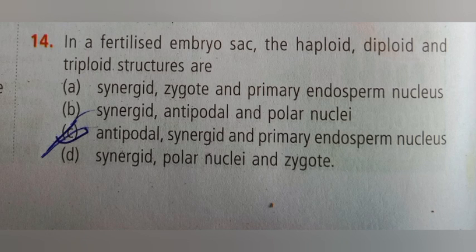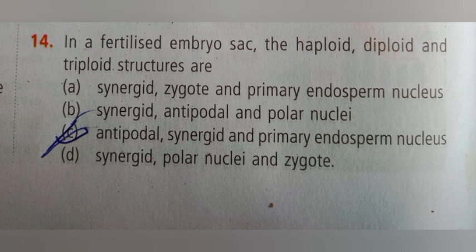In a fertilized embryo sac, the haploid, diploid and the triploid structures are. The answer is C. The haploid structure is antipodal, the diploid structure is synergids, and the triploid structure is primary endosperm nucleus. Okay, this is the answer.